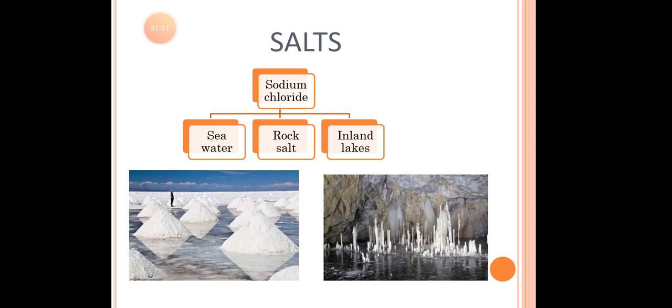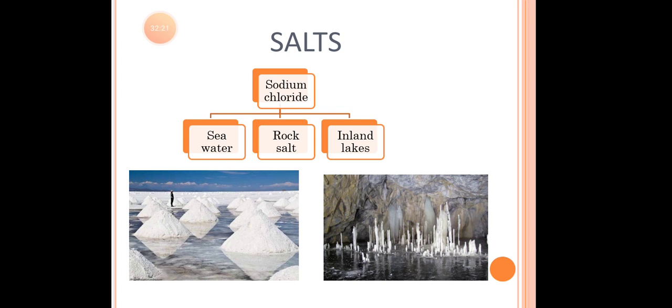Even when the sea dries up, for various reasons, the salt alone remains back. This salt is dug out, it is pumped out, it is dissolved in water by first sinking a number of pipes into the salt bed, and the impurities are removed, and then you get the rock salt. So the rock salt is obtained from the drying up of the seas.